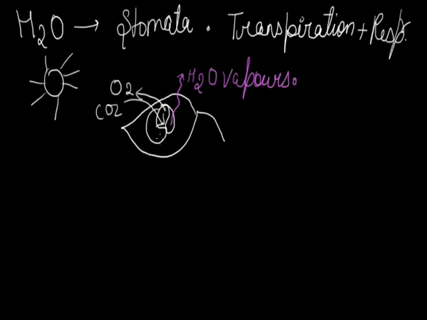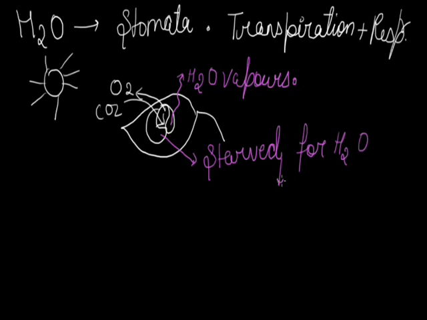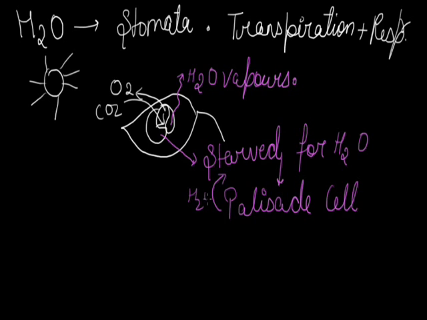During water evaporation, they get starved for water and put a demand to the palisade cells. Palisade cells fill the demand of water, but again they starve for water and demand it from the mesophyll cells.